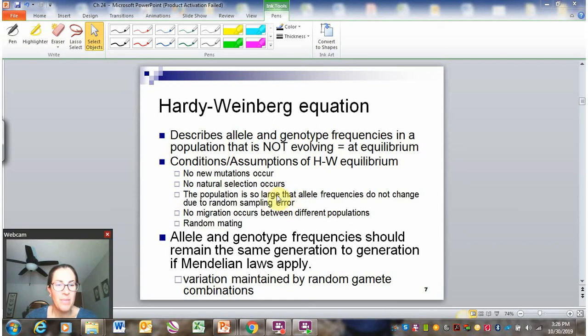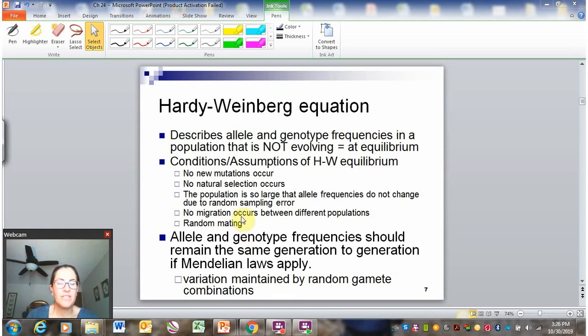That population has to be large in order to reduce any chances of sampling errors, right? Random changes happening because there was a small sample size. There can't be any migration, so there is no movement between different populations. And there has to be random mating, so there can't be any bias in the organisms and how they choose to mate.